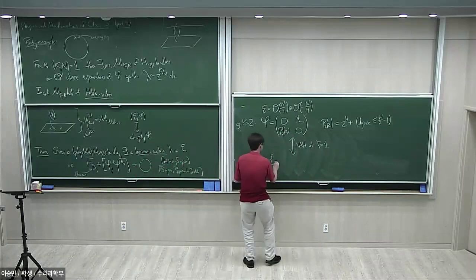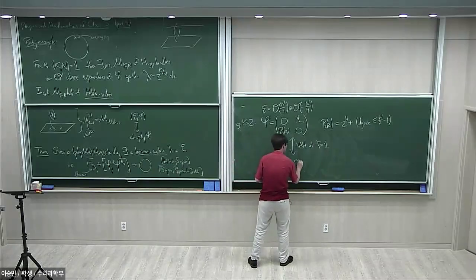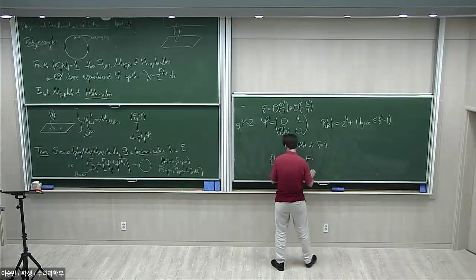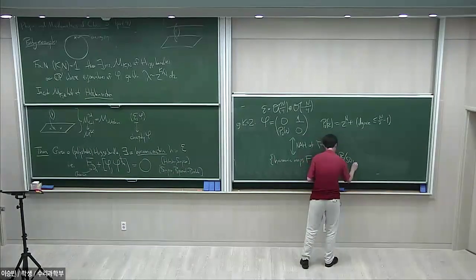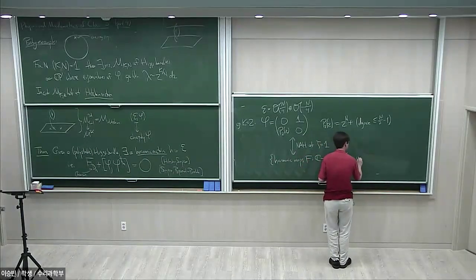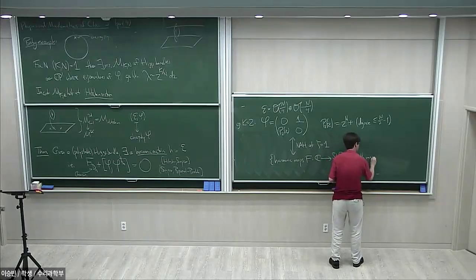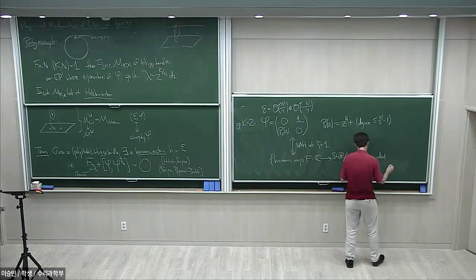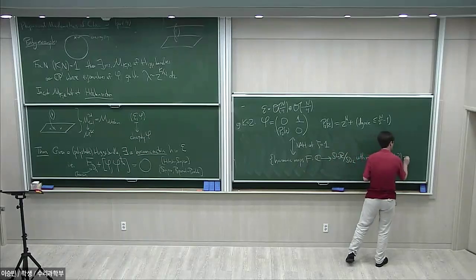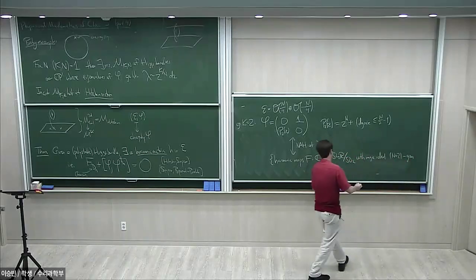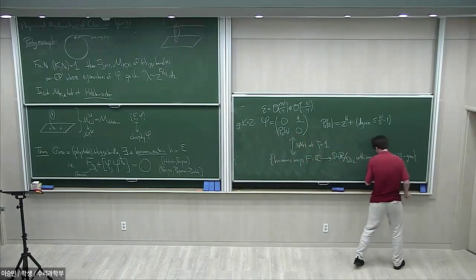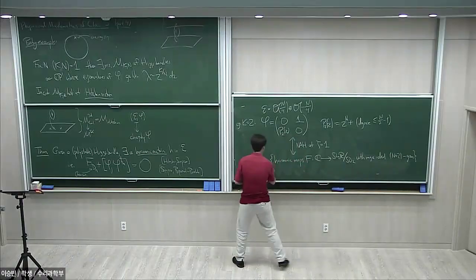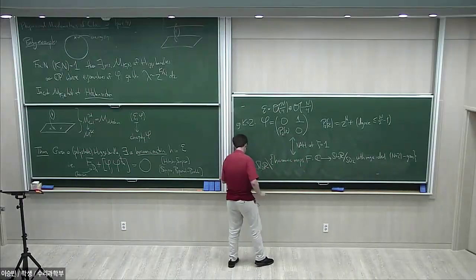In this particular example, the data of the harmonic metric turns out to be the same as giving a harmonic map from the complex plane into the hyperbolic disk, whose image is an ideal polygon, an ideal n plus 2 gon, up to SL2R action on the hyperbolic disk.